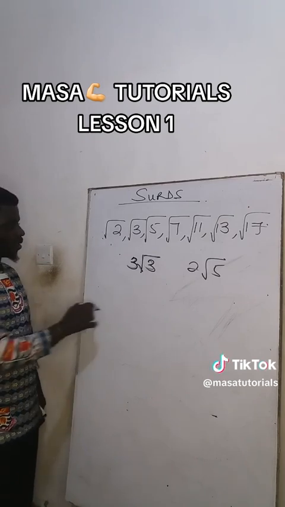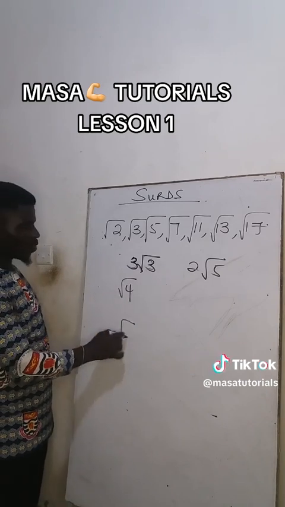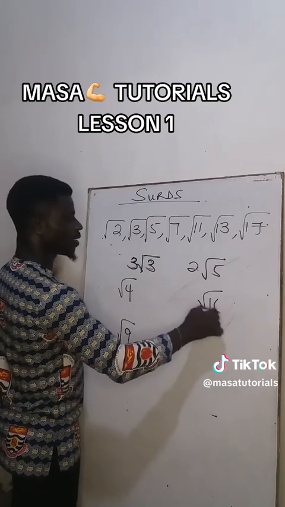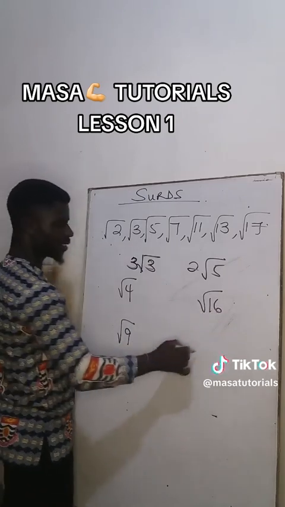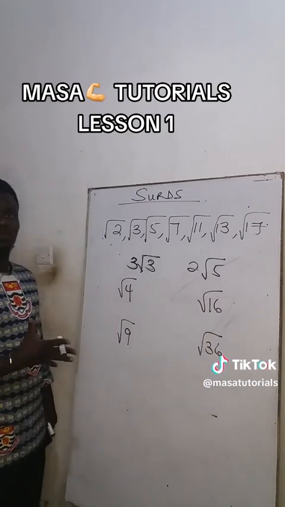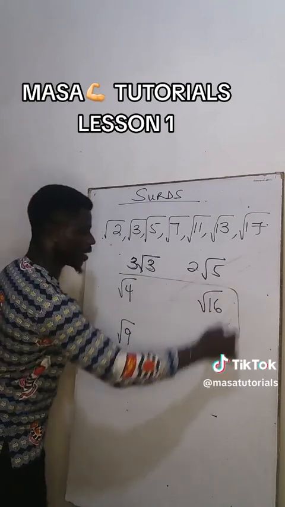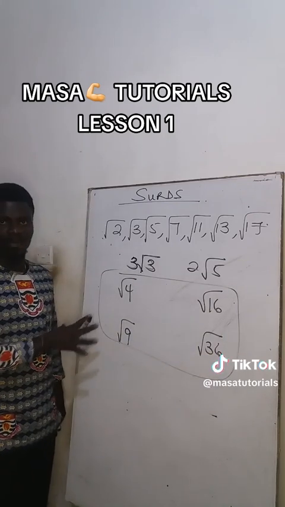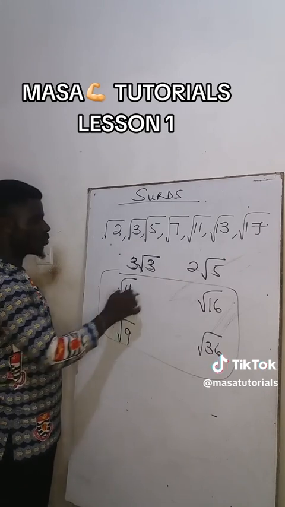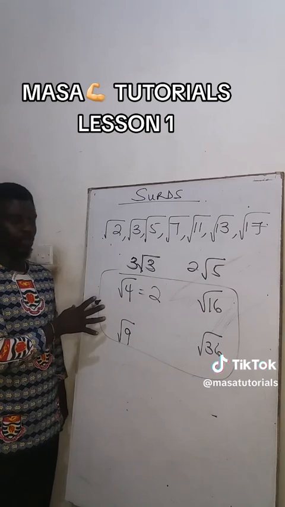Now, square root of 4 is never a Surd. Square root of 9 is never a Surd. Square root of 16 is never a Surd. Square root of 36 is never a Surd. Why? Because all these numbers are rational numbers, and you can reduce them. Square root of 4 will give us 2, let's deal with the positive aspect of that.